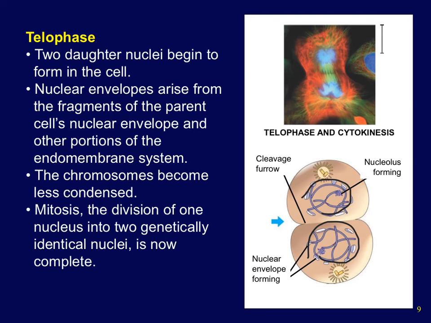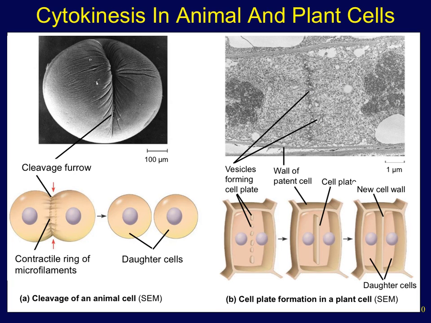The chromosomes become less condensed, and finally there's a cleavage furrow where the one cell is going to form two. And then finally you have cytokinesis into separate daughter cells with exactly the same complement of DNA.